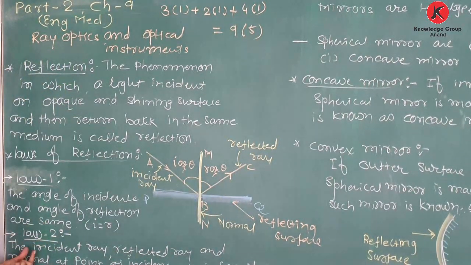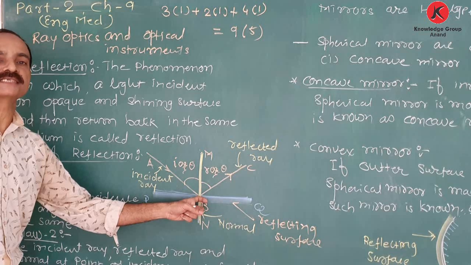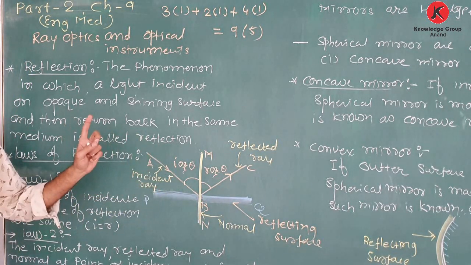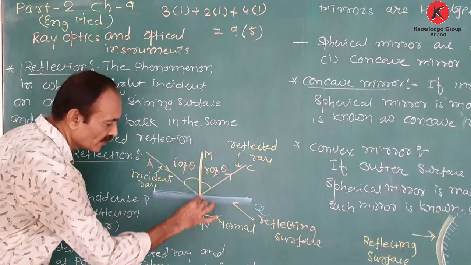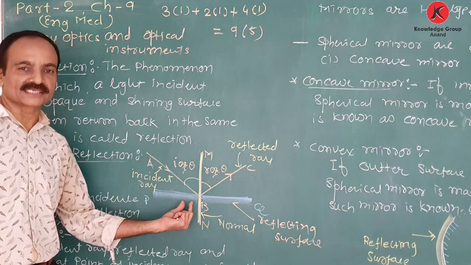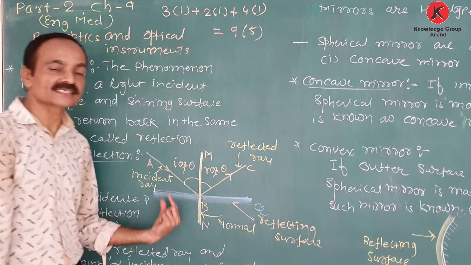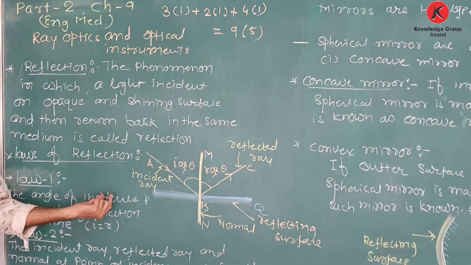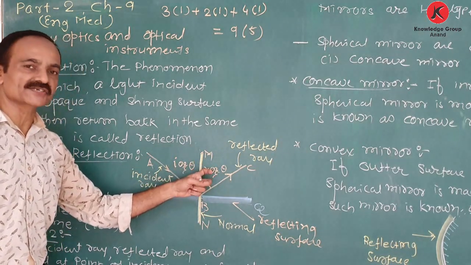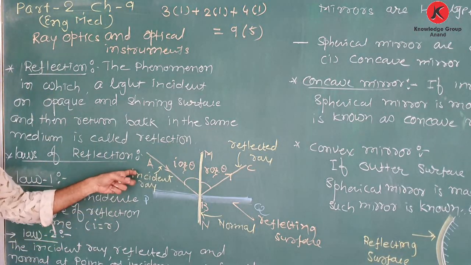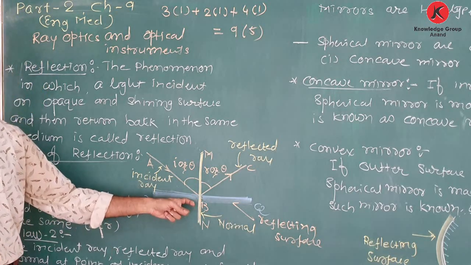The second law: the incident ray, the reflected ray and the normal drawn at the point of incidence are in the same plane. So these are the two laws of reflection.